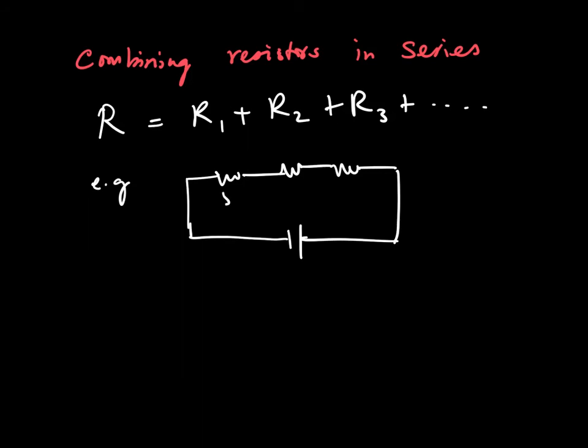let's say this is 5 ohms, this is 10 ohms, this is 5 ohms. So the equivalent resistance here, so let's say V is 30 volts.